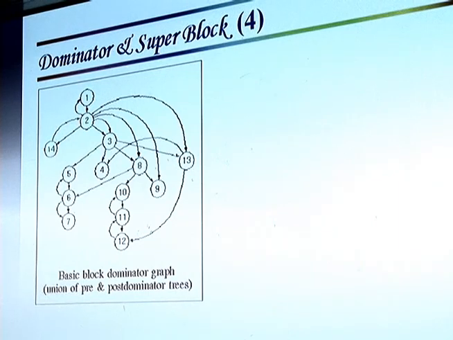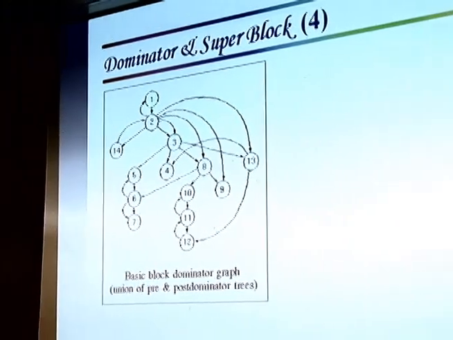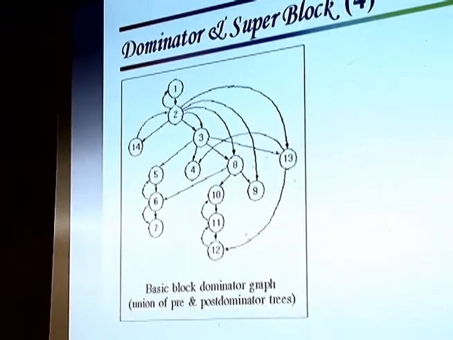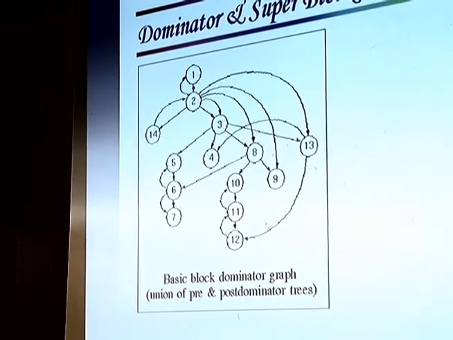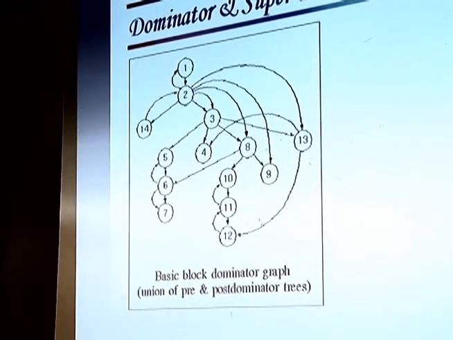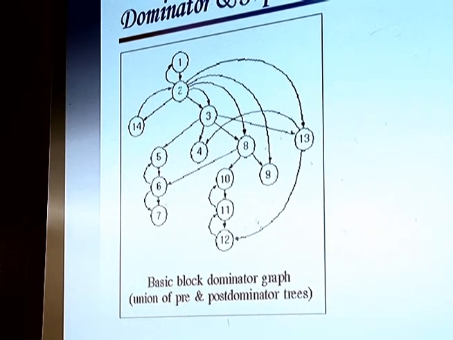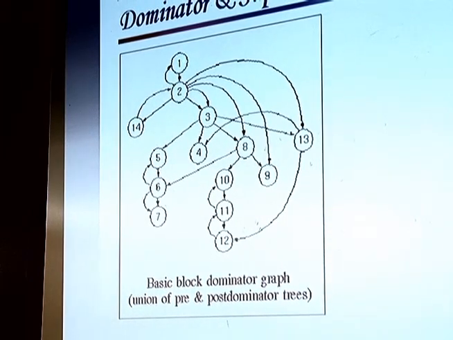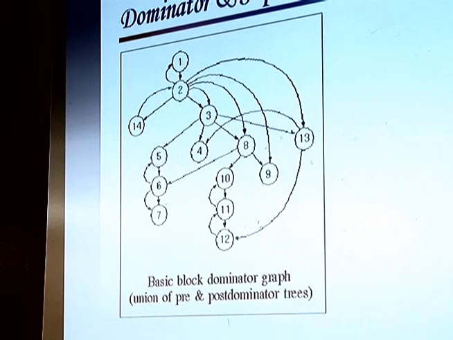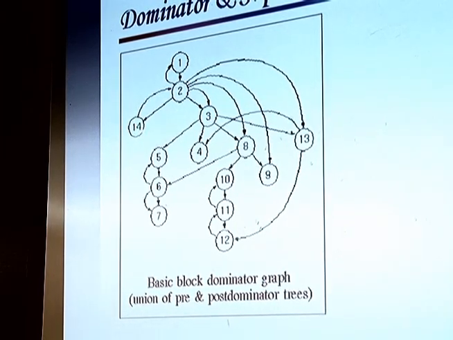For 1, 2, and 14, if I come to 1, there is a path from 1 to 2. There is a path from 1 to 14. I reach any of these, the rest will also be reached. If I come to 2, there is a way to go back to 1. There is another path which takes me to 14. Is this clear?